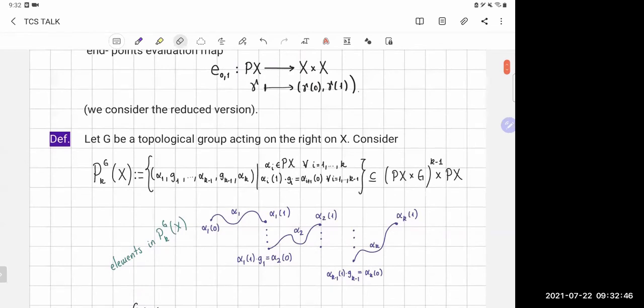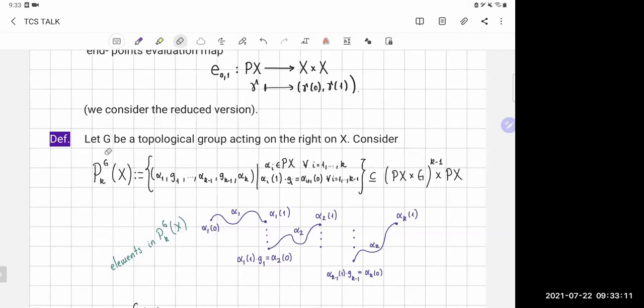Then suppose that you have a topological space X and a topological group G acting on the right on X. And consider this space P_k^G of X, where k is an integer greater or equal than 2, defined as follows.